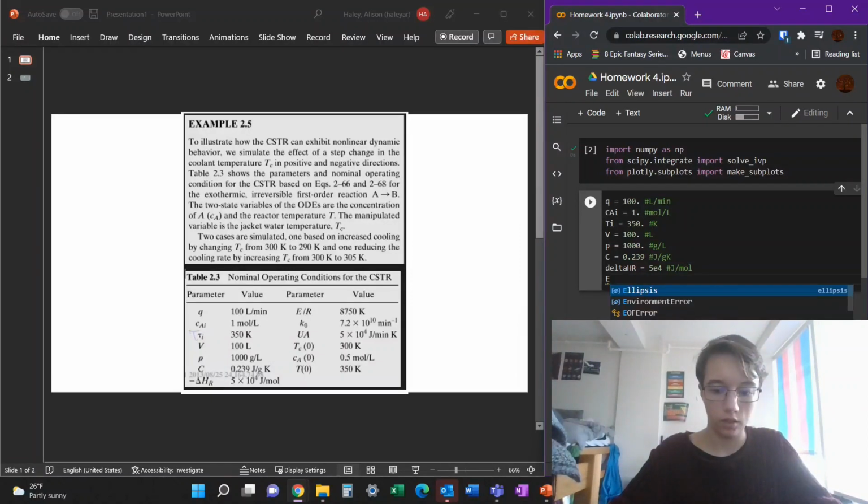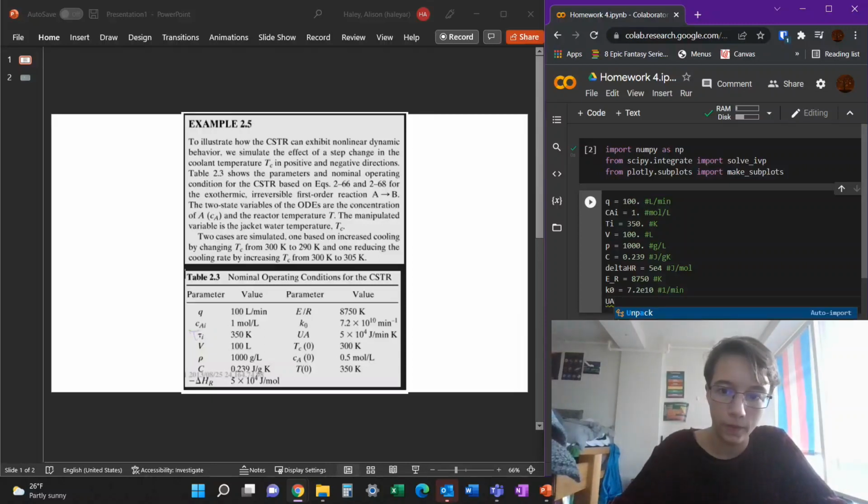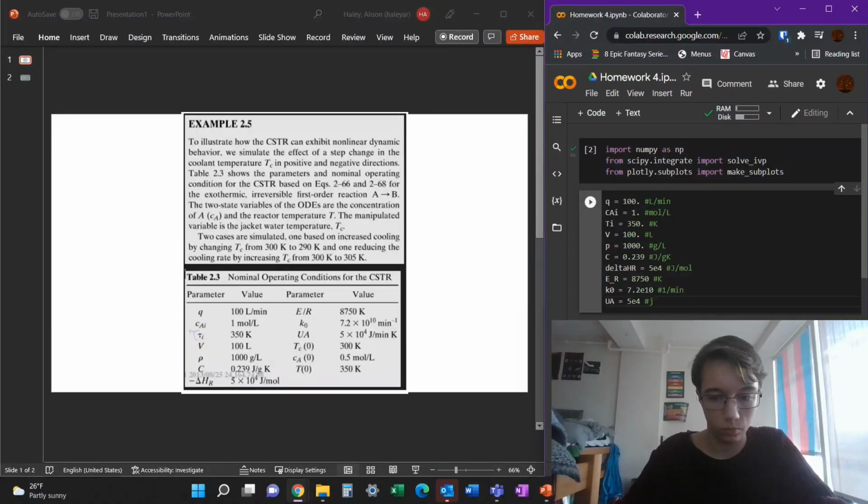and then we'll have E over R. I'm going to use an underscore because you can't use a slash as a variable name. So E over R is 750 Kelvin, and then K naught is equal to 7.2e10, and that's 1 over minutes. And then we have UA, which is equal to 5e4 joules per minute Kelvin.